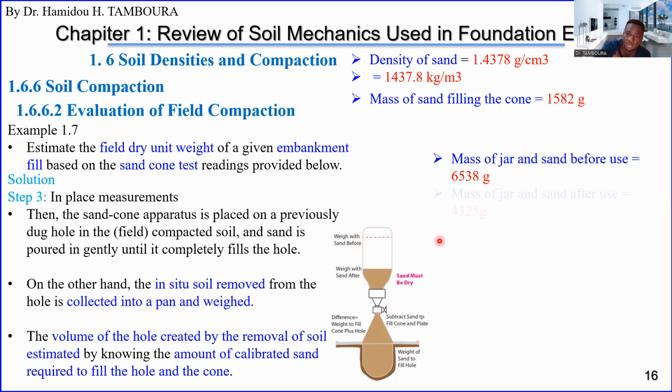And after opening and filling both the hole and the cone, means only this amount of sand, you will have 4,325 grams. So now you take this one minus this one.